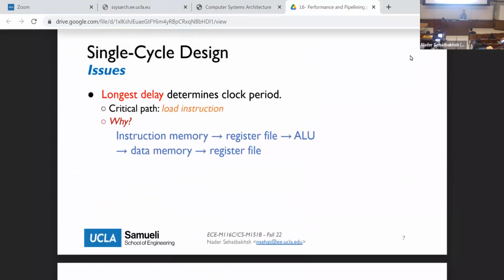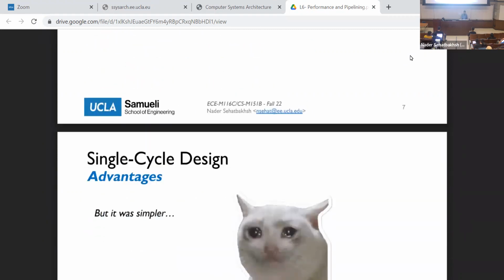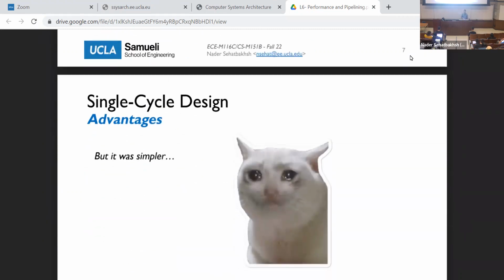The problem with this is we are basically slowing down everything because of the slowest. We're not doing it in a dynamic or variable fashion. If load is the slowest, everybody else has to suffer because of that, and that's not the most efficient, as we said time and time again in this course.